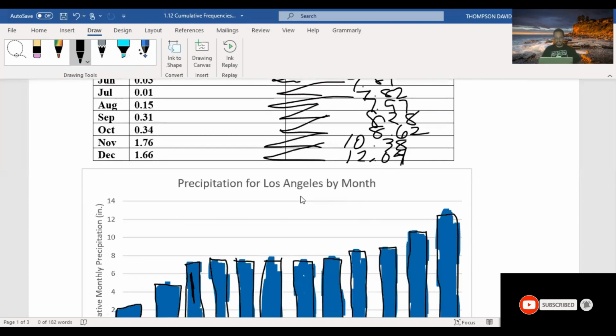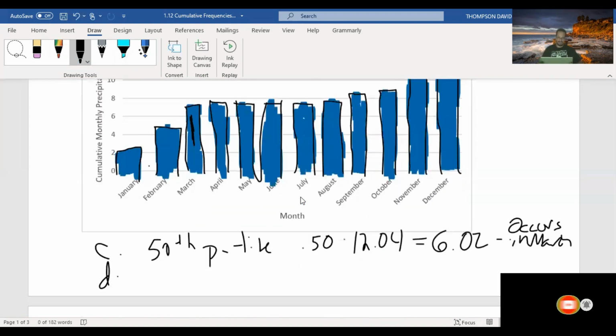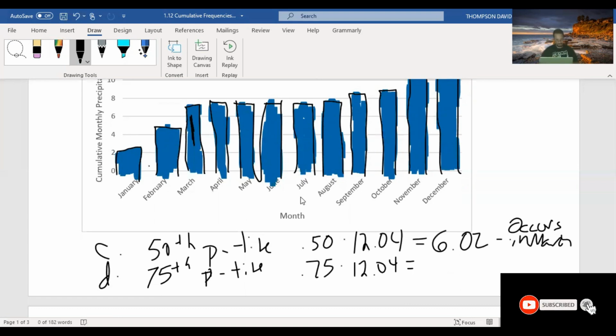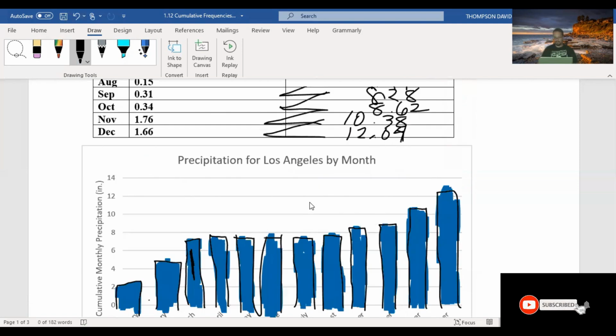Part D. It's asking about the 75th percentile. So again, I'll abbreviate that as 75th p-tile. So that'll be just 0.75 times 12.04. Use a calculator. And that gives me 9.03. We look at our chart to figure out when that occurs.